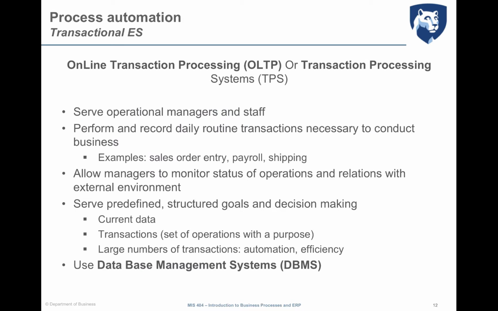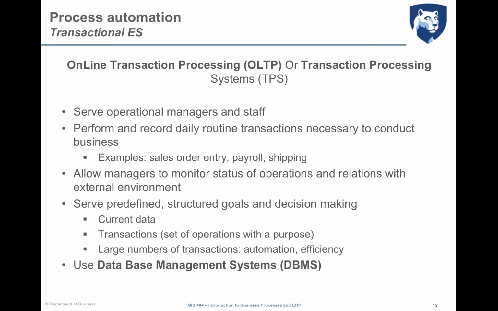Let's focus on transactional enterprise systems and on the difference with the other category, the analytical systems. These transactional systems are also named online transaction processing, or OLTP, or transaction processing systems, TPS. What's the meaning of transactional enterprise system?